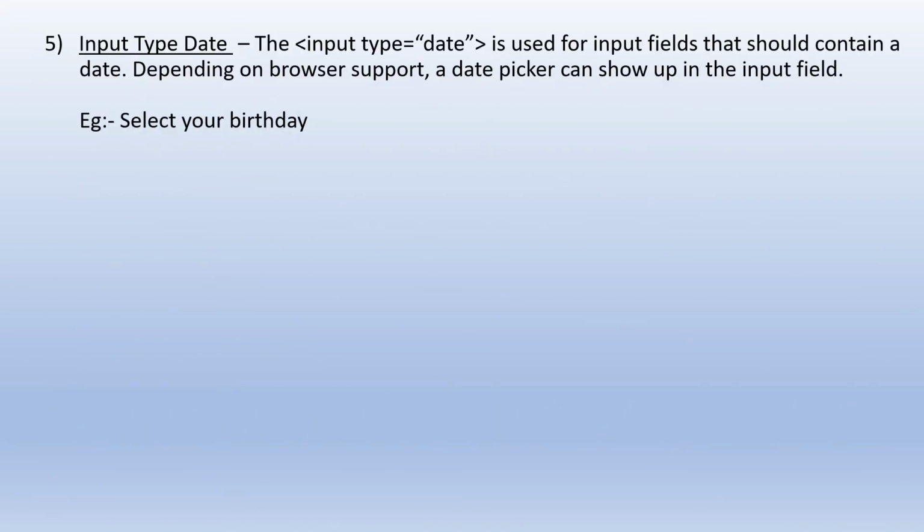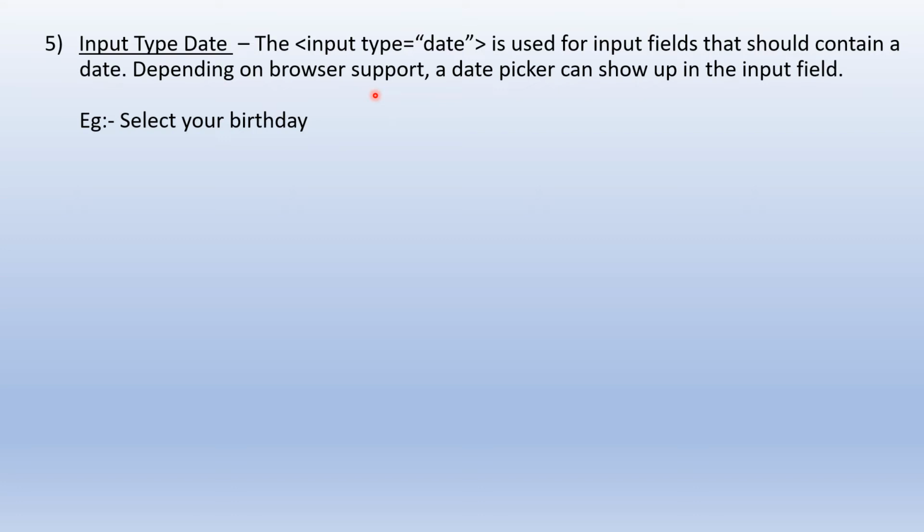Next form element is input type date. Input type date is used for input fields that should contain a date. This says that if you want to enter any date, then that time you are going to use input type is equal to date.